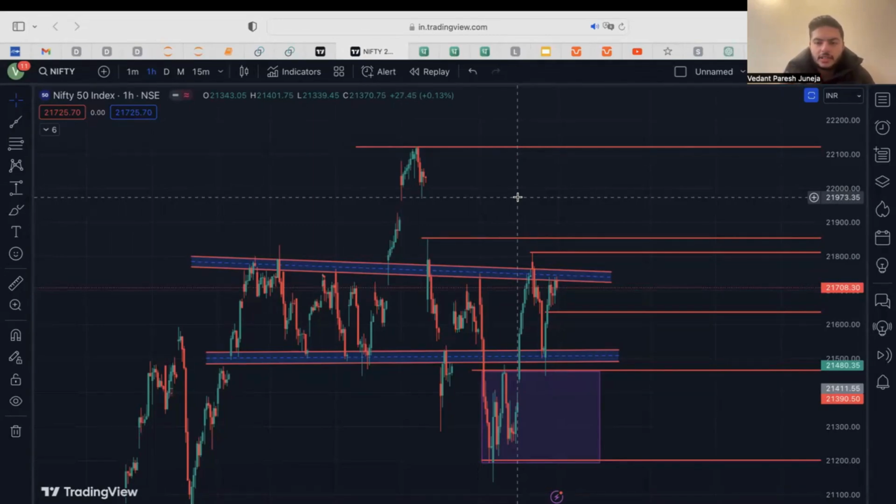By this I mean, on the day of expiry the volatility is so high that 10 points is nothing. So rather than having 10 points of stop loss with five lots, you can go with 30 or 20 points of stop loss with two lots. So you can increase your stop losses so your trade has some room to work in your direction and you're not kicked out of the trade before the market starts working in your direction.